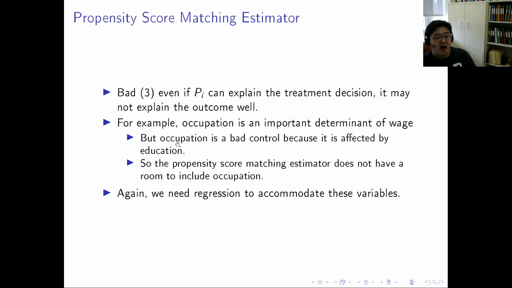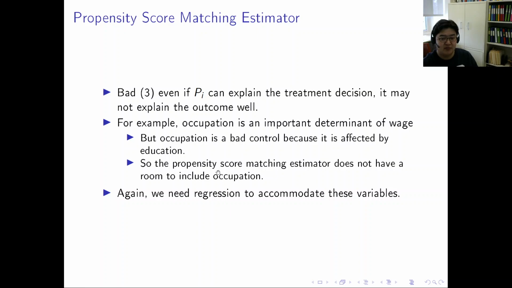However, at the same time, we know occupation is an important determinant of wage. So to explain the outcome, wage, we want to include occupation. So if occupation is available, we don't need to delete that. We have to utilize it somewhere in our analysis.